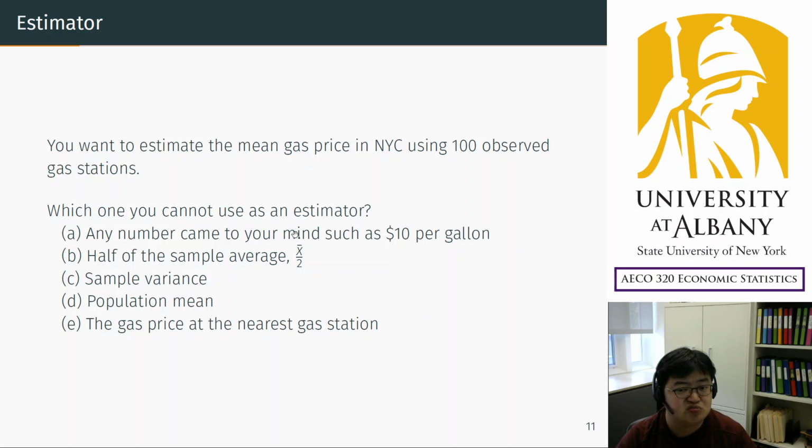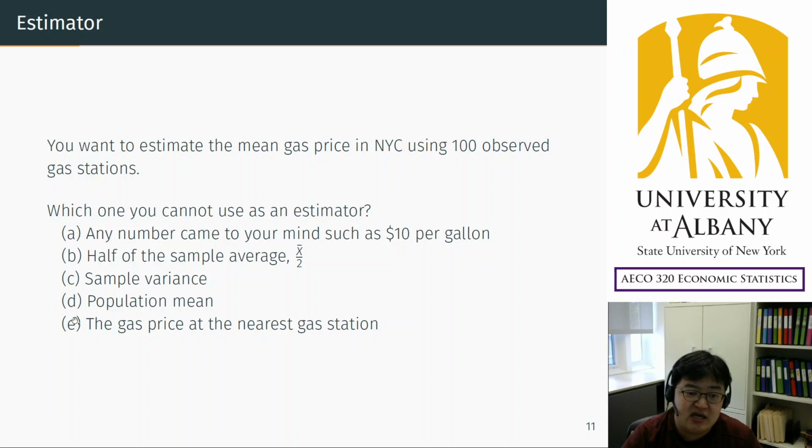Again, it will be wrong because you divide it by 2, but anyhow, you are answering. Variance. You calculated the variance, not the mean. It would be wrong, but anyhow, you are saying something. And finally, the gas price at the nearest gas station. Also absurd. There is no reason to do it this way, but you are answering the question.